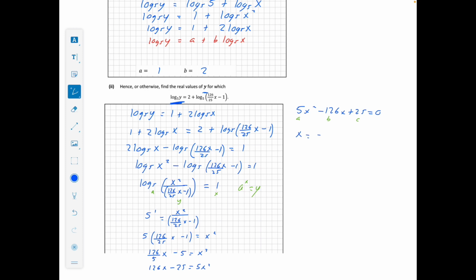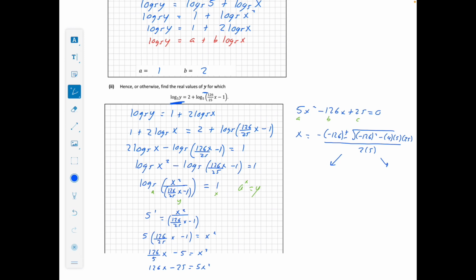This is my a, my b, and my c. And your minus b formula is at the front of your formula book. So we have x is equal to minus minus 126 plus or minus the square root of minus 126 squared minus 4ac, all over 2a.